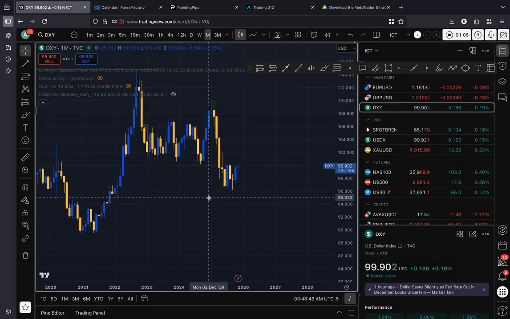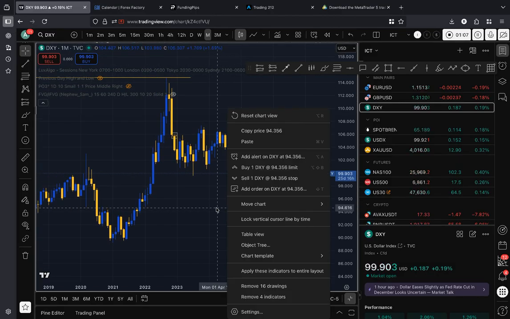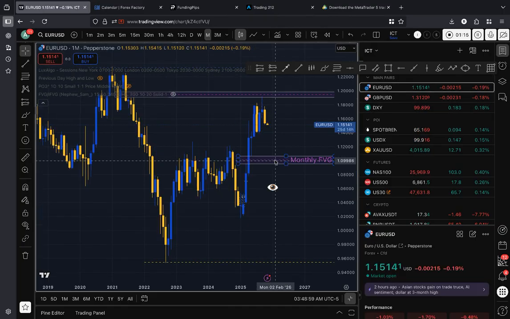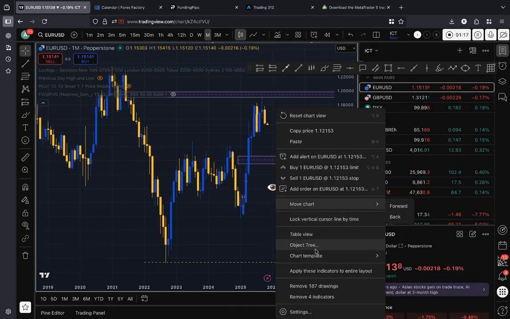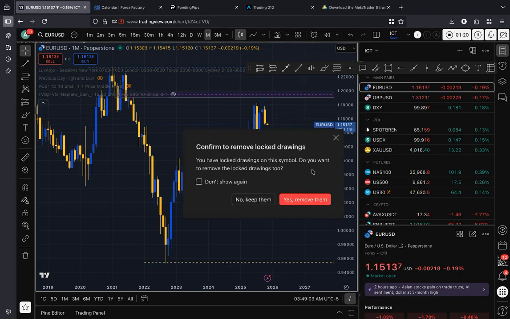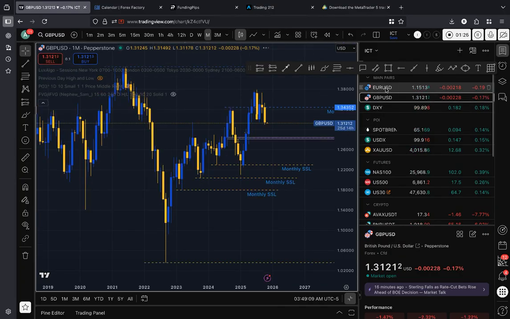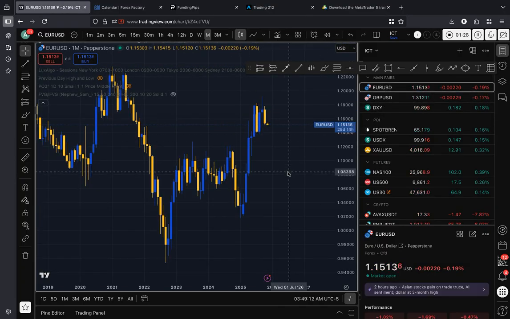All right. One of the things I want to do definitely is to clear my charts. I want to remove all drawings from my charts. So I'm just going to remove all drawings quickly on EURUSD as well, just so that I have a very clear picture of what I'm looking at.